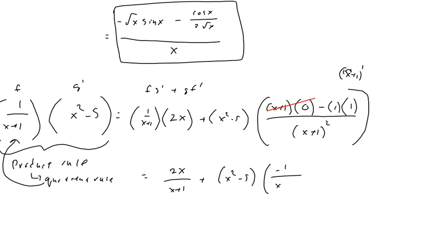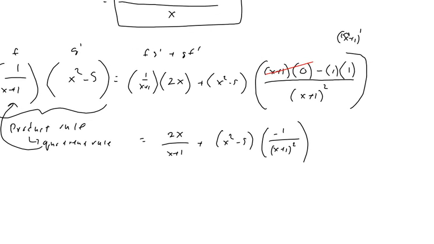I could go maybe a little bit further and say 2x over x plus 1 minus x squared minus 5 over x plus 1 squared. That would be it.